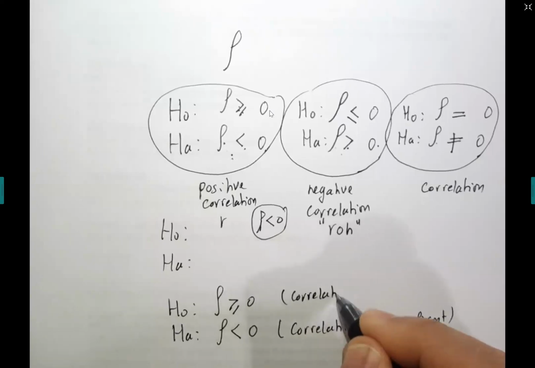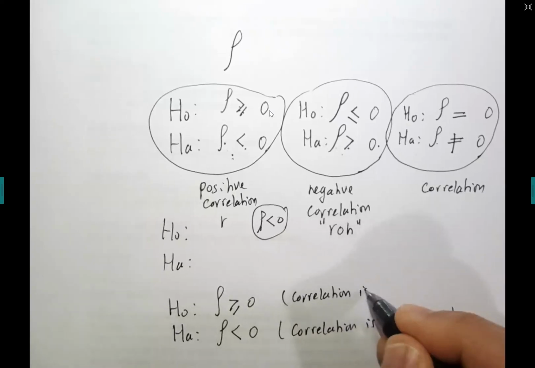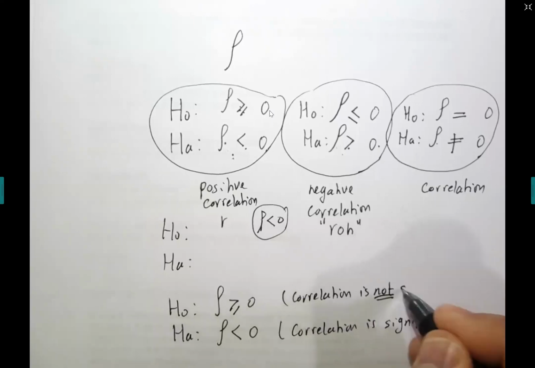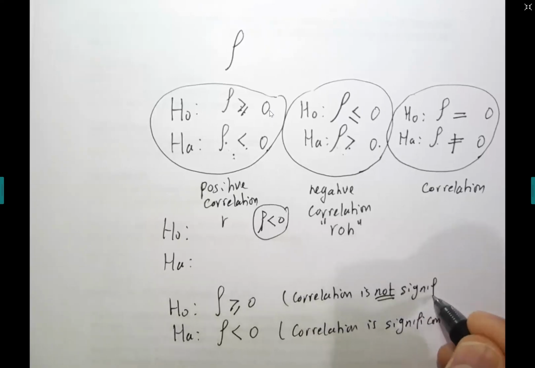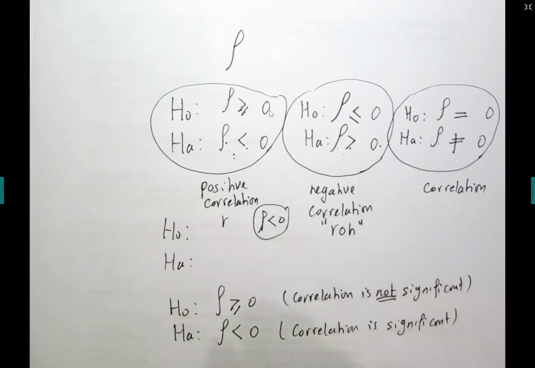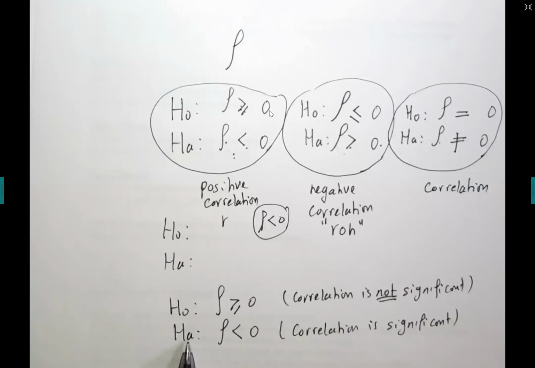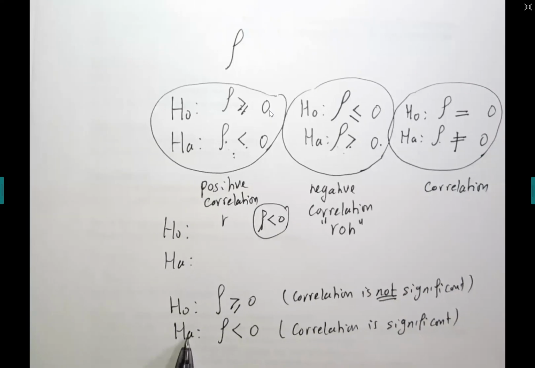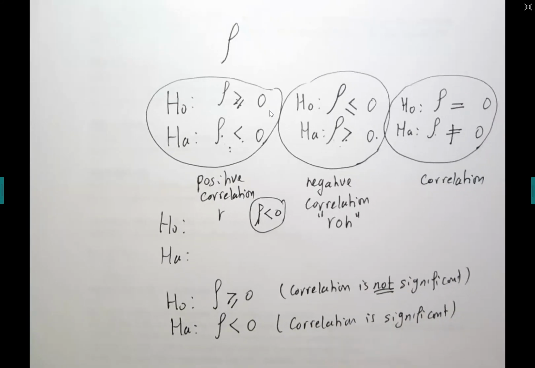That does not change from one problem to another. Is not significant. So in the null hypothesis, the correlation is not significant. In the alternative hypothesis, the correlation is always significant. And your claim, I can tell you guys, is always going to be in HA, which is correlation is significant.